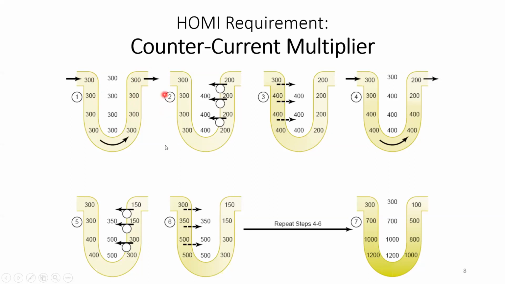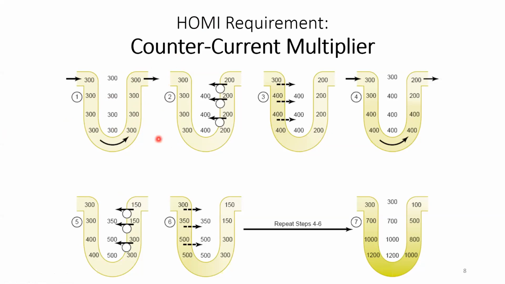So the collecting duct here and the loop of Henle, the hairpin, they lie in the same neighborhood, the neighborhood of the interstitium. It's this interstitium that needs to be flooded with solute. It's here where you need the HOMI. Okay, that's one thing.